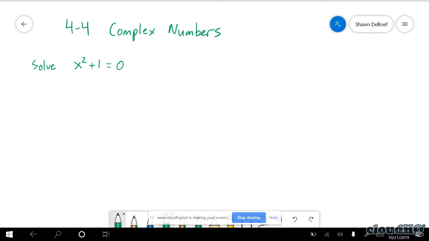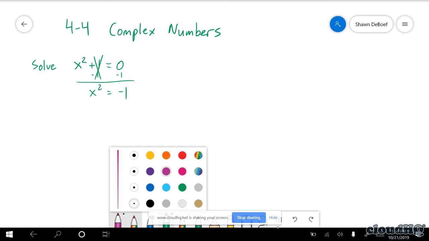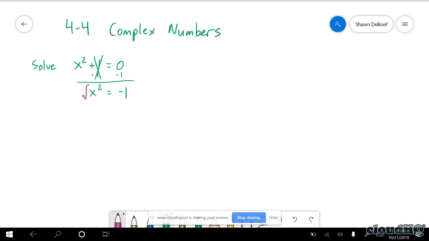And so let me introduce it this way. Instead of trying to factor or graph, let's subtract 1 so we can isolate the perfect square. And then to solve that, we may want to consider using a square root. The square roots cancel out squares.